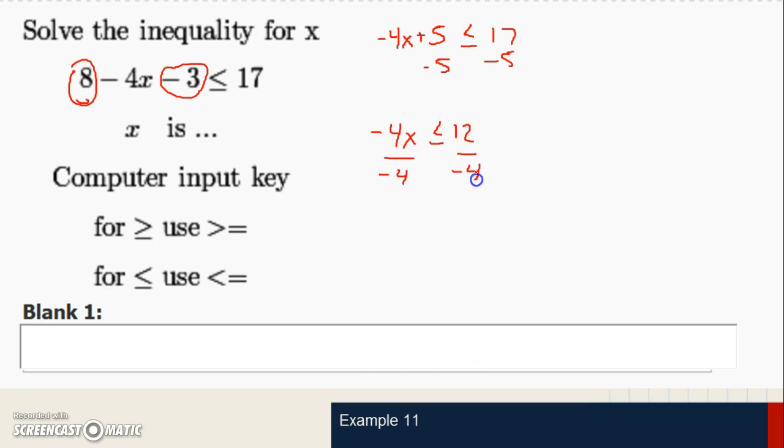Right now in your minds, the alarm's going off. You divided by a negative. I have to change something. What do you have to change? You have to flip the sign. So the inequality sign has now been flipped, and I have x is greater than or equal to negative 3. And that's how I'll type it in. X is greater than or equal to negative 3.